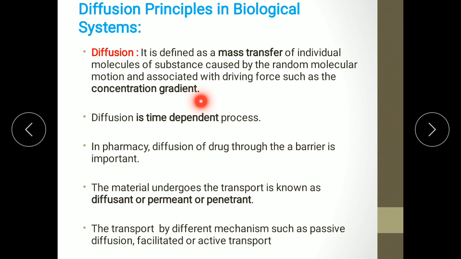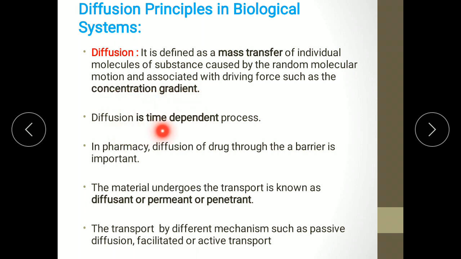In other terms, diffusion is also known as a net movement of material from an area of high concentration to an area of low concentration, and the driving force is the concentration gradient. Now concentration gradient is the difference between two areas, means the difference between the higher concentration area and the lower concentration area. That term is called the concentration gradient.